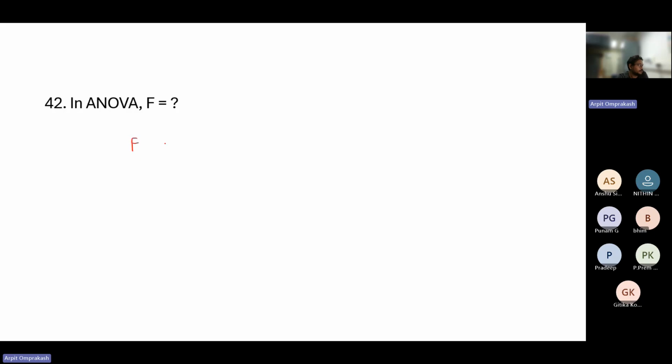So in ANOVA, the F ratio is calculated as MST by MSE. So this is mean square of treatments by mean square of errors. So this is between groups, and this is within groups.